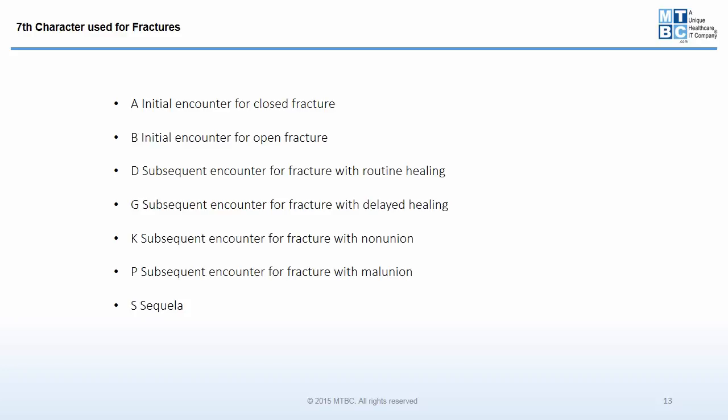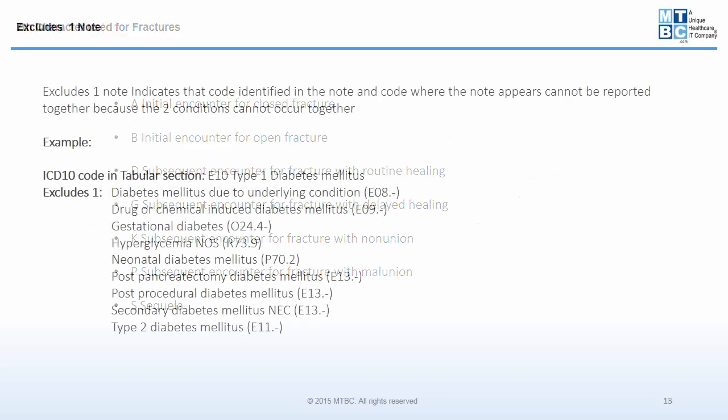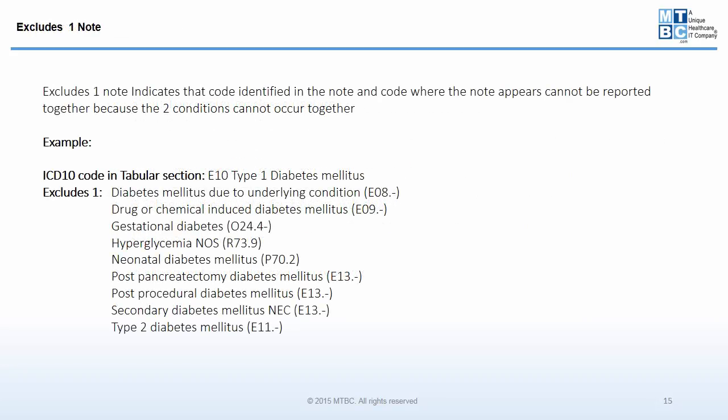The subsequent encounter will be for any healing, and then the sequela will be for any late effects, any results or complications from the condition after healing has been done. And we have the excludes note. Excludes1 note indicates the code identified in the note and the code where the note appears cannot be reported together because the two conditions cannot occur together.